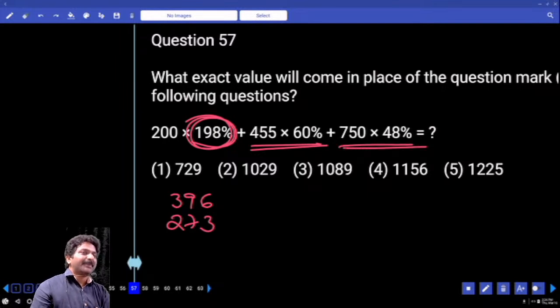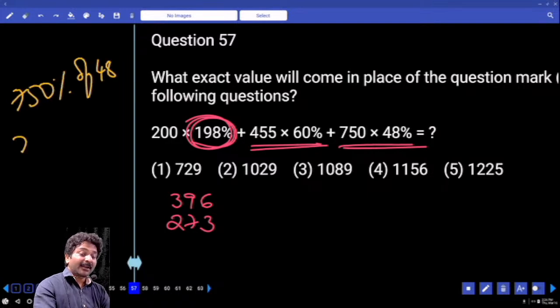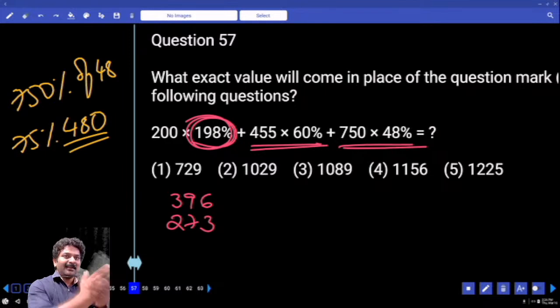750 into 48%. Or can I take it as 750% of 48? Can I do that? Or can I even take it as 75% of 480? 75% is easy to calculate. Half plus half. Half of 480 is 240. Again half.